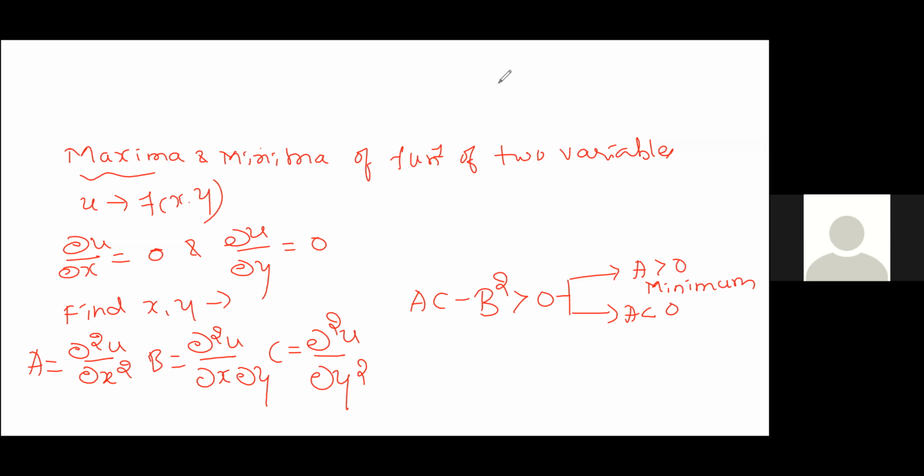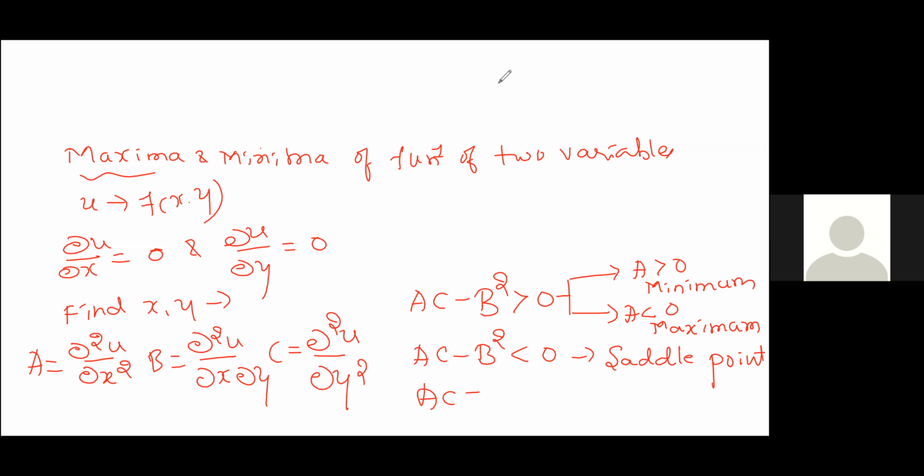If A is less than 0, then the function attains its maximum. If AC minus B square is less than 0, then the point will become a saddle point.